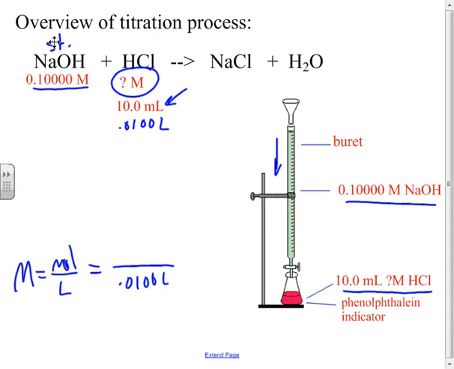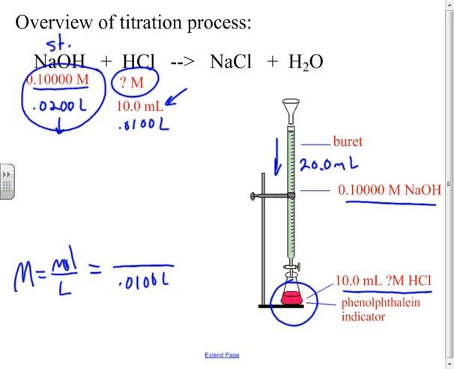end point. And let's say I had to add 20.0 milliliters of the base to reach the end point. And the endpoint we're hoping is the same as the equivalence point, which it is here. And so I use 20 mL, and so 20 mL is going to equal 0.0200 liters. And liters times molarity will give me moles.